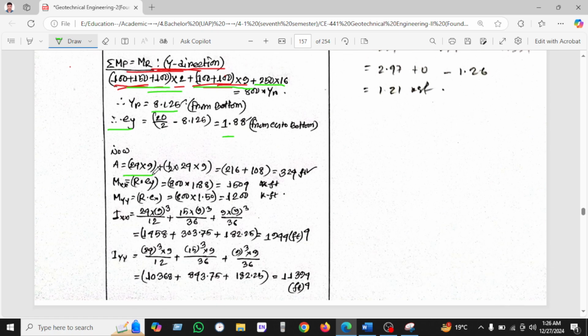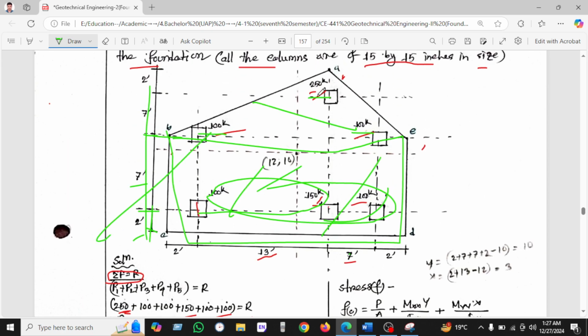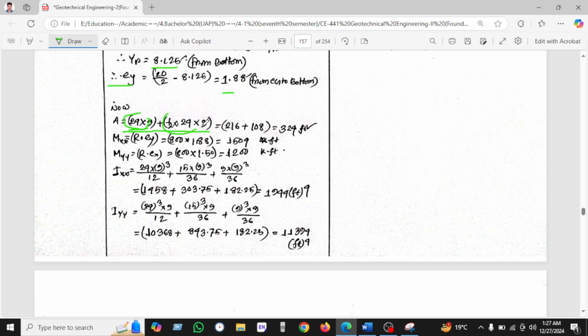Eccentricity y is also found. We know the area, calculating the area, 14 into 9. So we are taking the area. The shaded portion is segment 1, and another is this segment. So this segment plus this segment, and we find this area. For Mx, when we get x, we multiply with y. When we take y, then we multiply into x, and Ix is equal to 24. This is segment 1, a rectangle, and these are triangles.